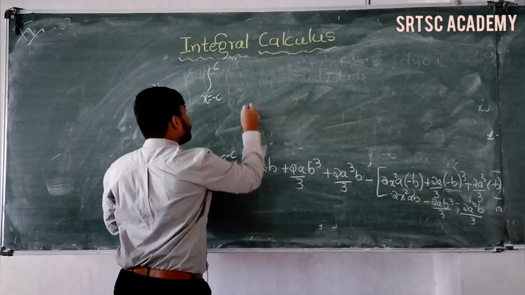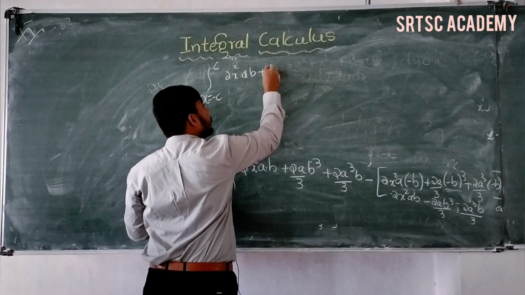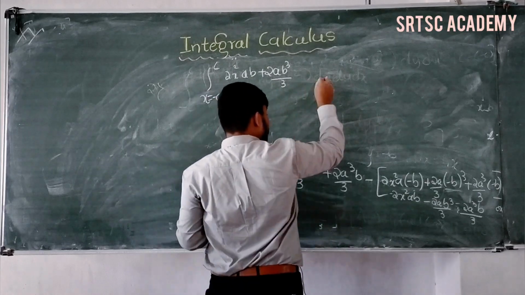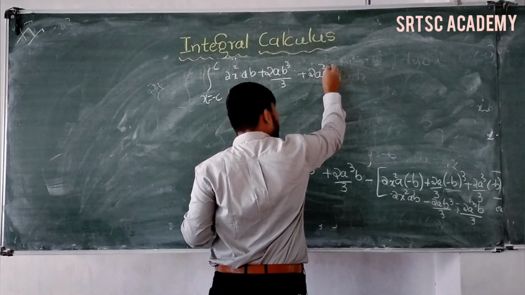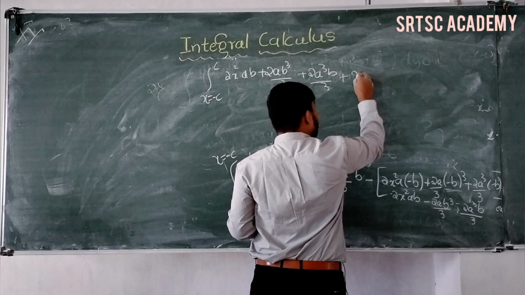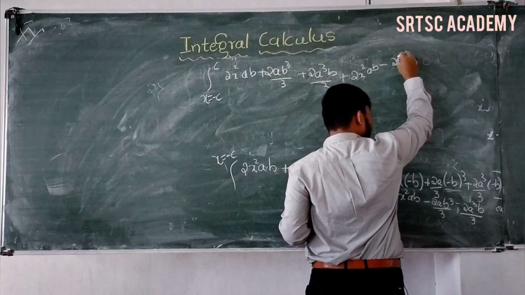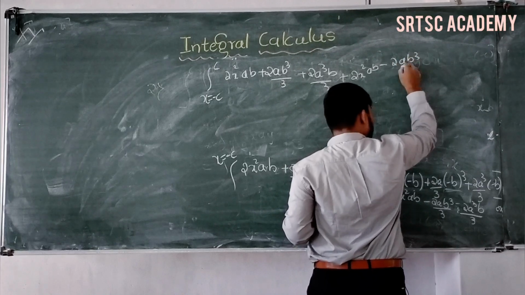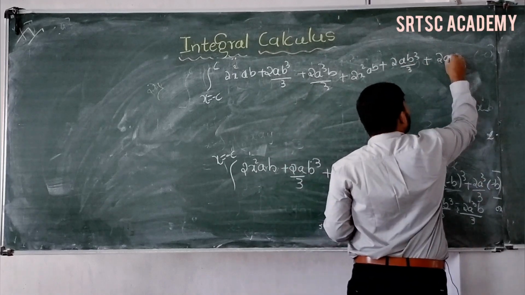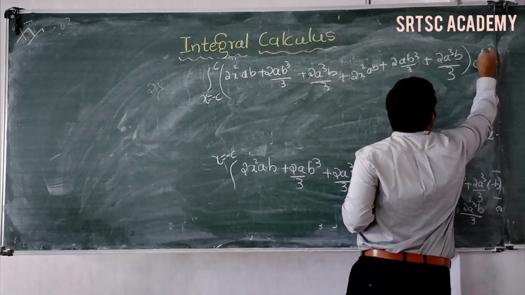Here is what? 2x²ab plus 2ab³/3, right, plus 2a³b/3, minus into minus plus 2x²ab minus 2ab³/3, sorry, plus, minus into minus becomes plus, right, plus 2a³b/3. After that we have to integrate this with respect to x.